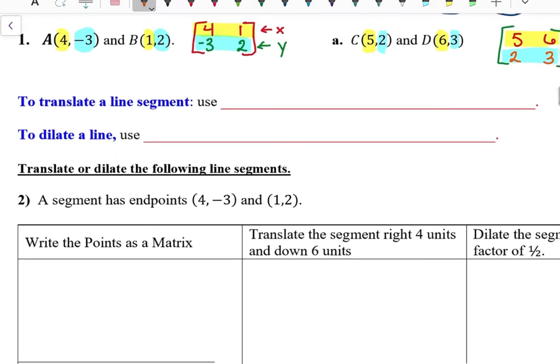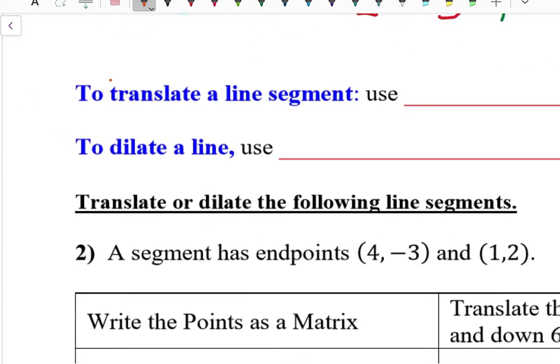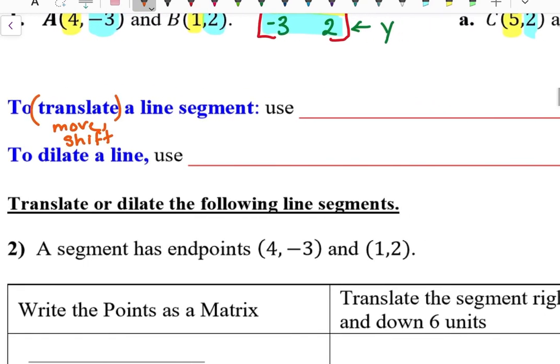If we wanted to translate the line segment, translate means move or shift. So if I just wanted to move it around on a graph, I would use addition or subtraction to do that.